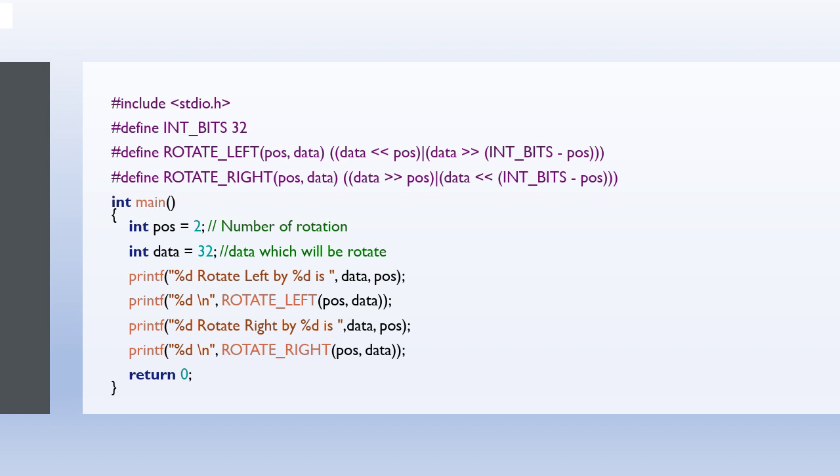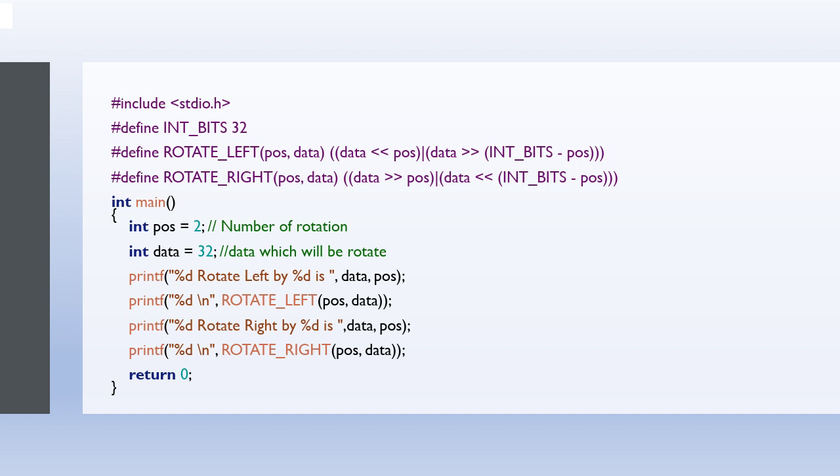How to call them is simply give the position, the number of rotations you require, and the data which will be rotated. Here I have given 32, but you can do it with scanf for data and position, and printf the data and position.